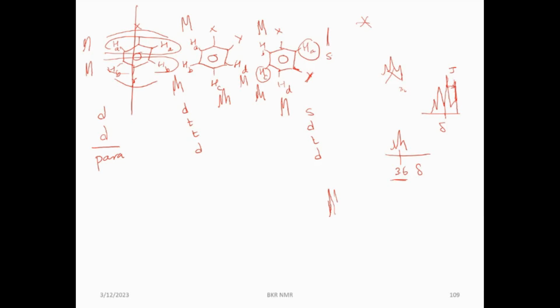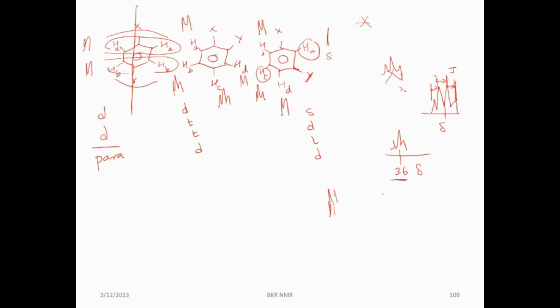So coupling is between two hydrogens. Here we're talking about vicinal coupling or whatever the coupling may be. Be sure that the lines are adjacent lines. Whatever you take, you should take the coupling constant only between the adjacent lines of the multiplet.